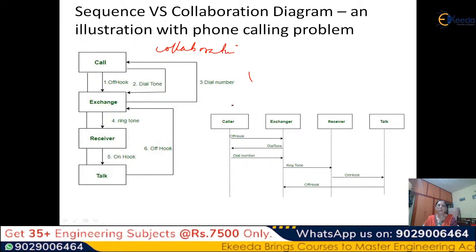Here these are the objects: caller, exchanger, receiver, talk. First it goes off the hook, then the dial tone comes, and the number is dialed, the ringtone goes to the receiver, the receiver goes off the hook, and then it is terminated. So this is the sequence diagram.